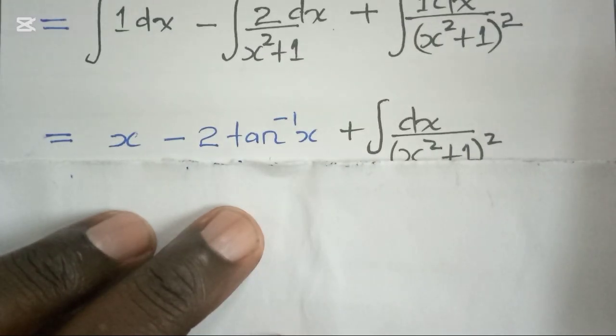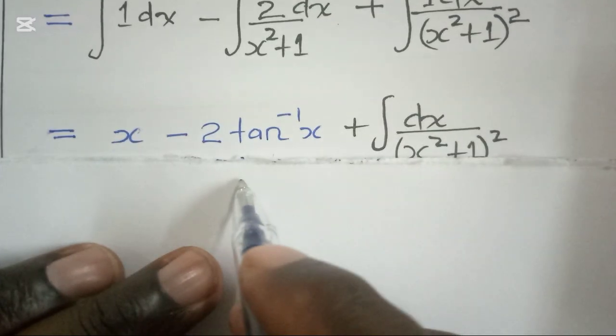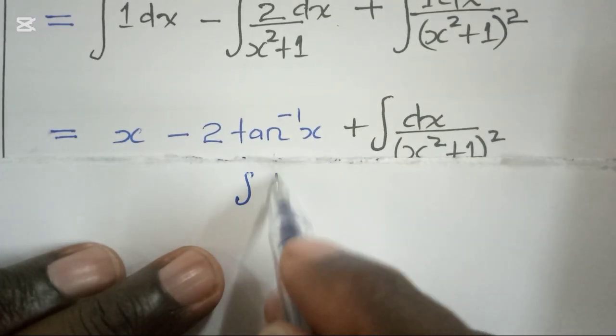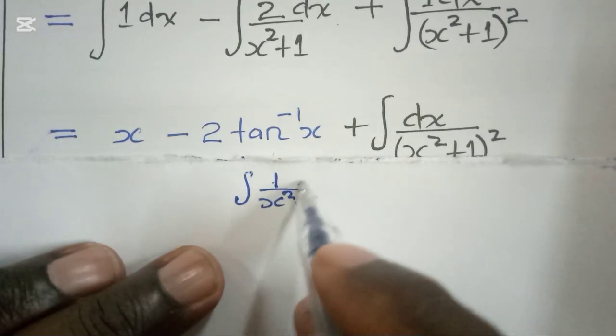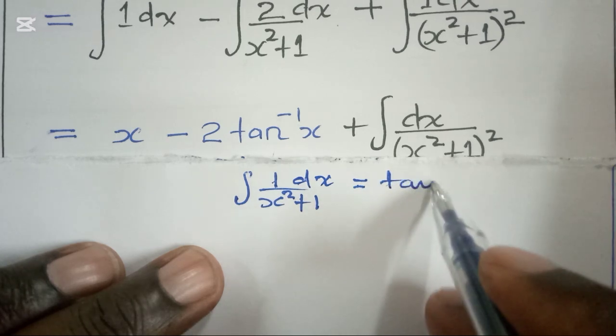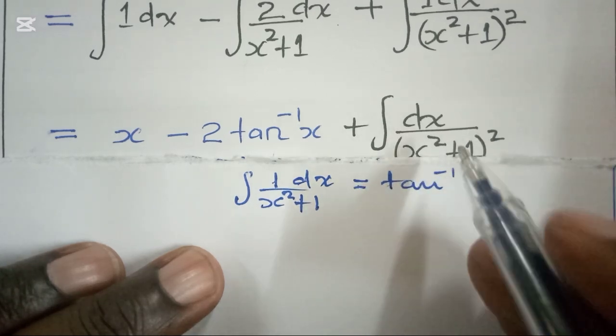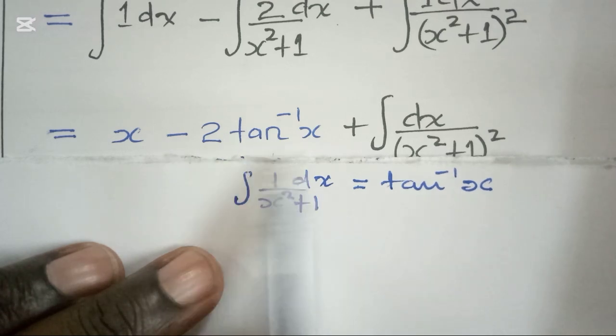Remember that, from the tables, the integral of 1 all over x squared plus 1 gives us tan inverse x. Then we can put our 2 there.